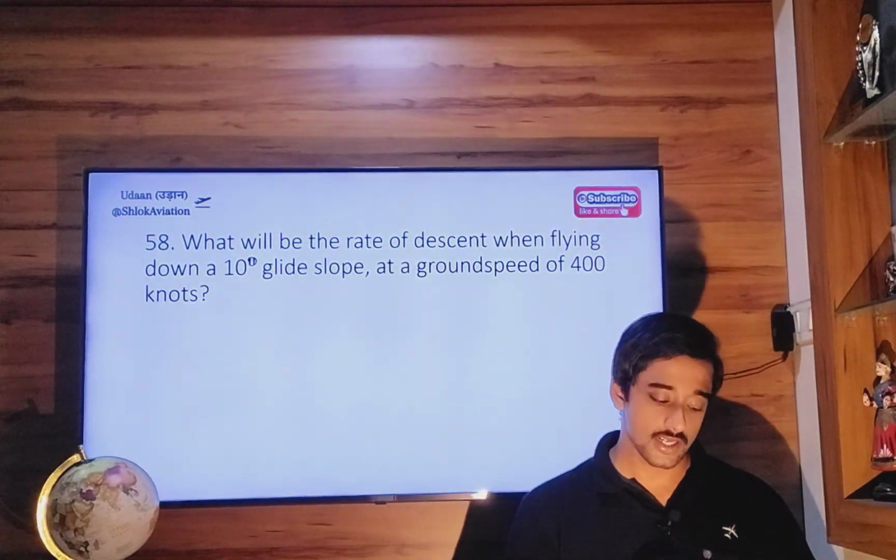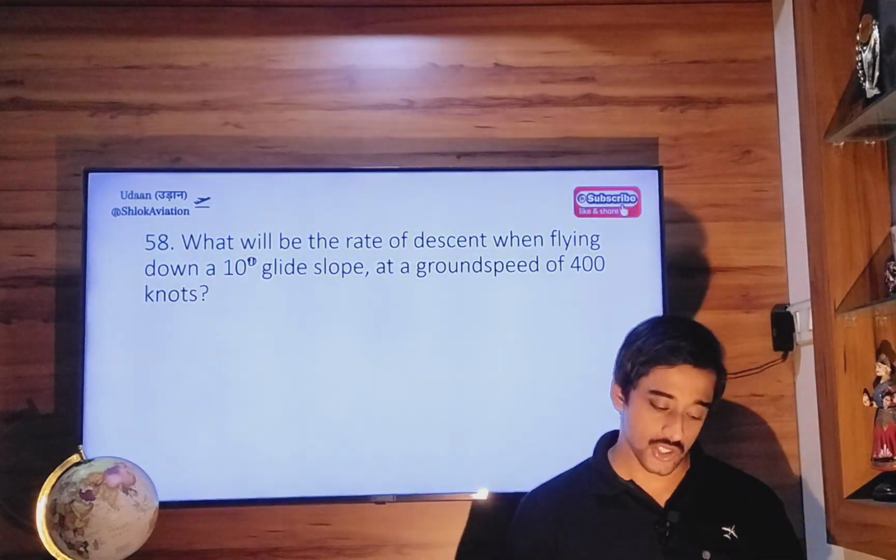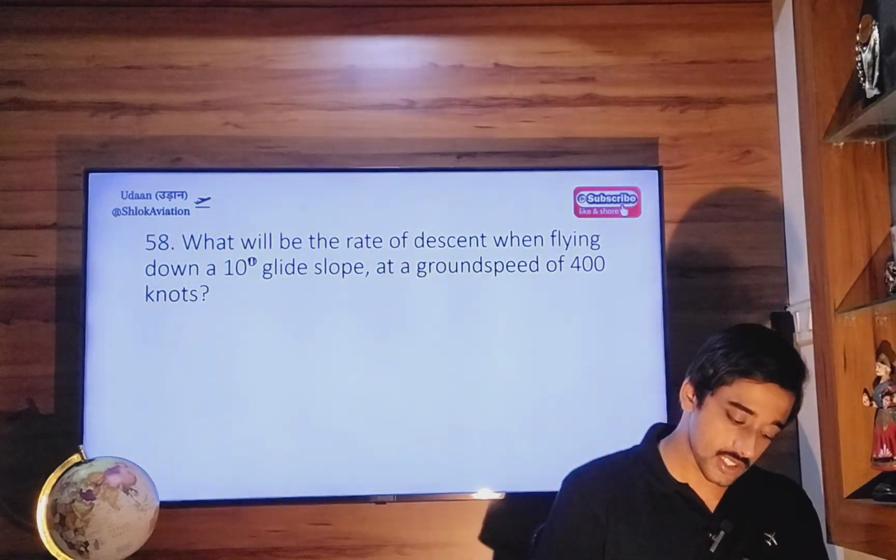Next, what will be the rate of descent when flying down a 10-degree glide slope at a speed of 400 knots?